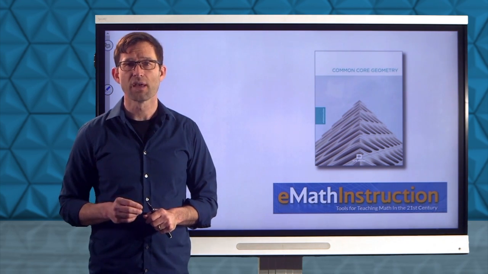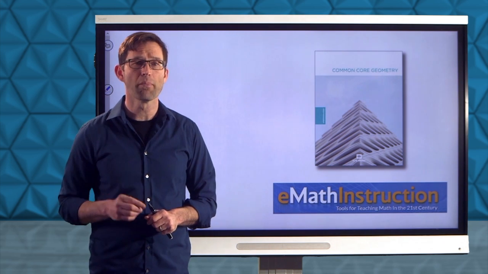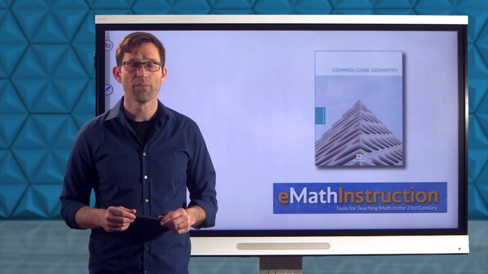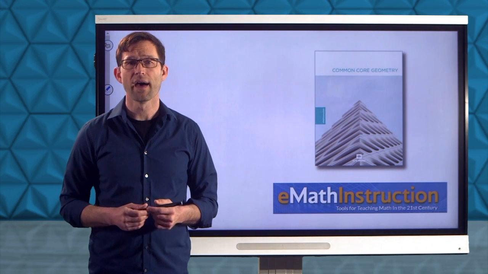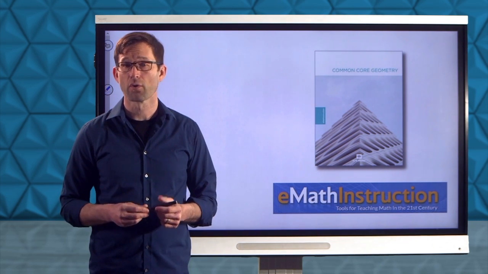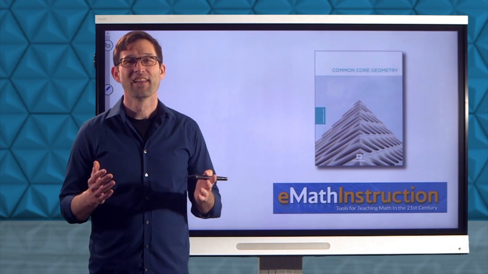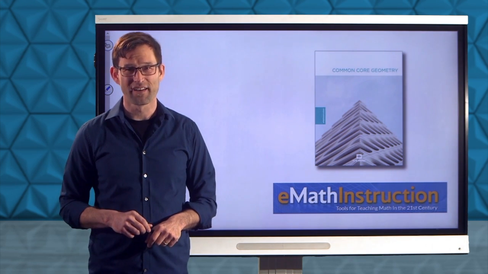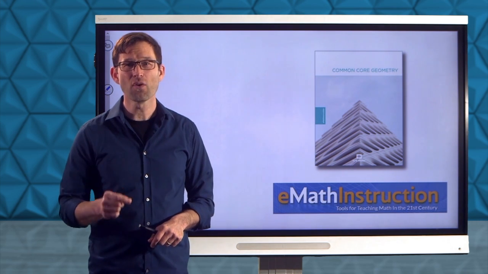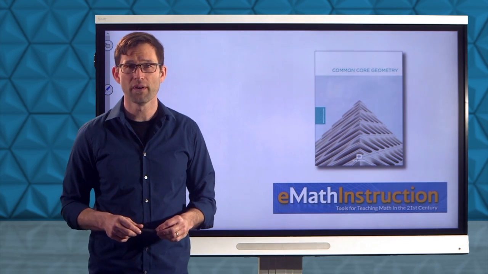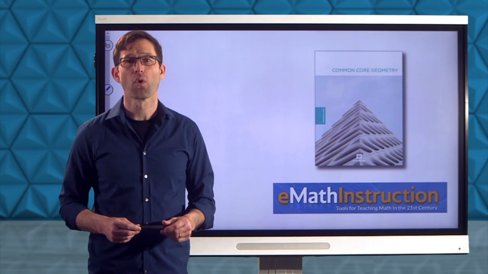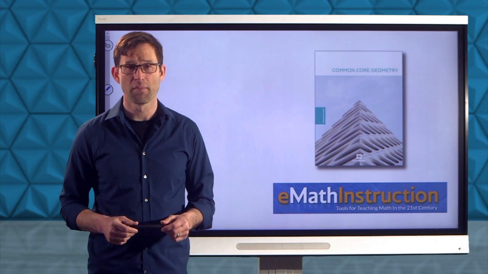The converses say that if you can show that even a single pair of alternate interior angles are equal, then the two lines that were cut by a transversal that created those alternate interior angles must be parallel. Likewise, you can say the same thing about corresponding angles. If a single corresponding angle pair is congruent, then the lines that created those corresponding angle pairs must be parallel.